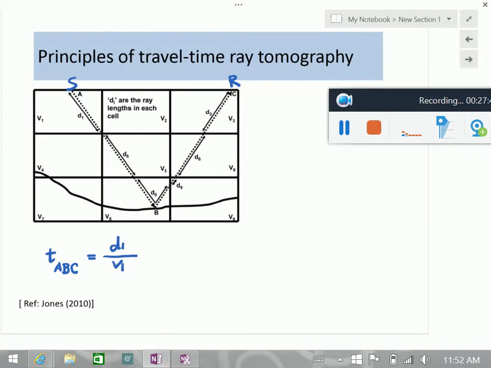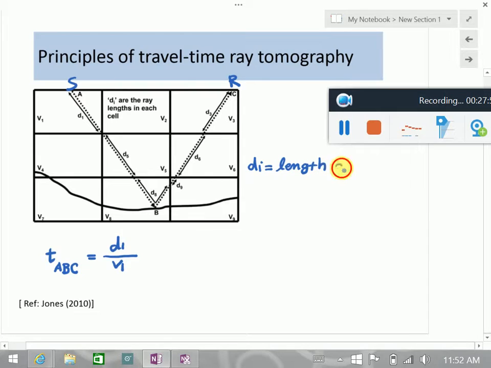So di is the length of the ray path in the cell of velocity vi.